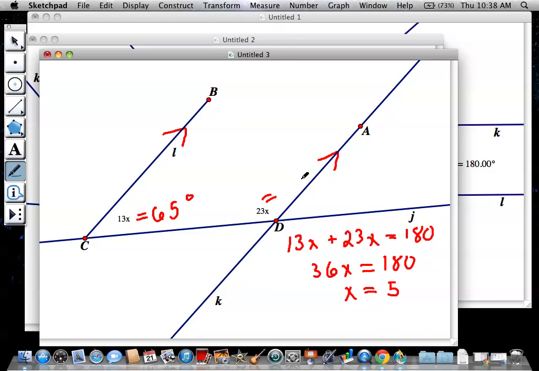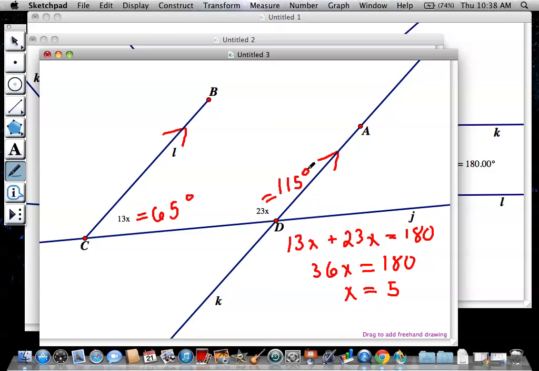This measurement is 5 times 23, so that's 115 degrees. And if I add those up, 65 plus 115, I get 180. So therefore, it's proven by the same side interior angles theorem, x equals 5. So this angle is 65 degrees, and this angle is 115 degrees.